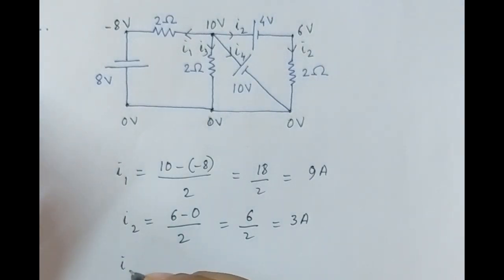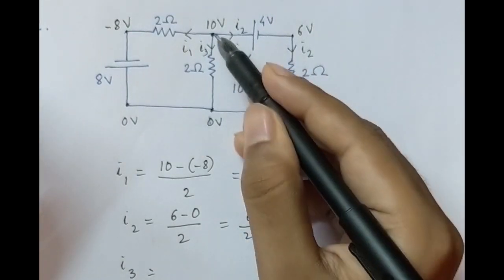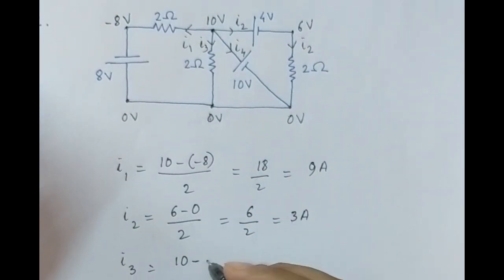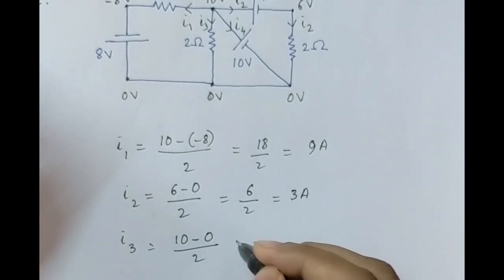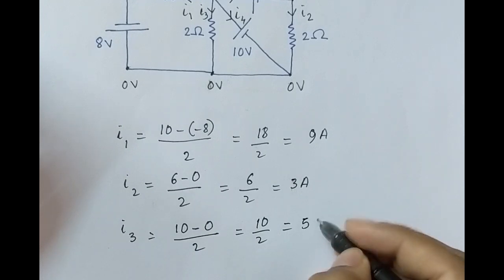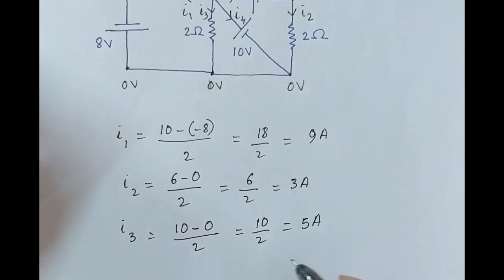And across I3, we have 10 volts to 0 volts. So you have 10 minus 0 divided by 2, that's 10 by 2, that is 5 amperes.